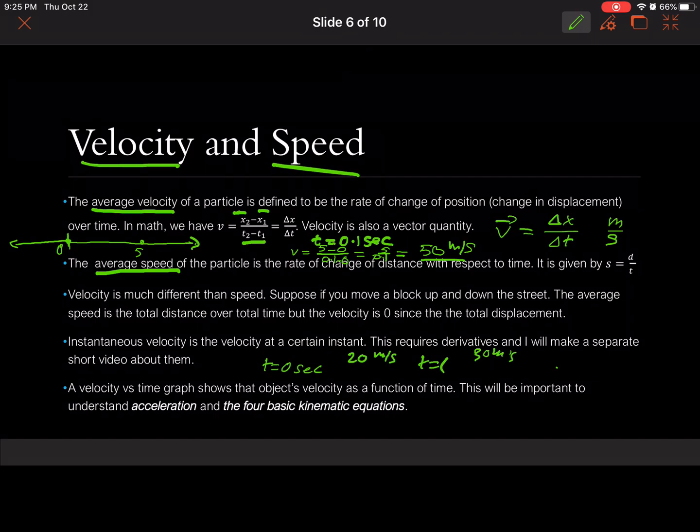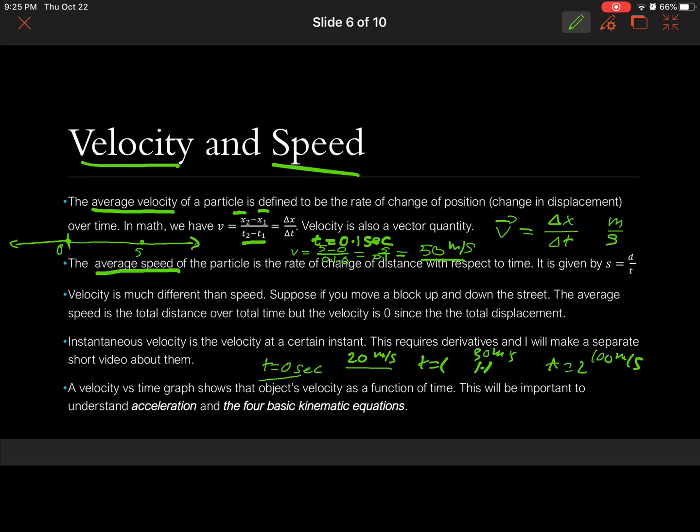At t equal to 2, it's moving at 100 or something like that. If I want to find the instantaneous velocity, basically velocity at that instant, at t equals 0 seconds, it would be 20 meters per second. If I wanted to find it at 1.1 seconds, I would have to see the graph of the velocity versus time graph, and use calculus to figure that out.